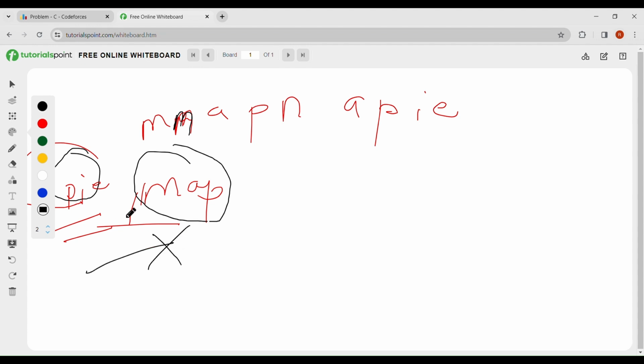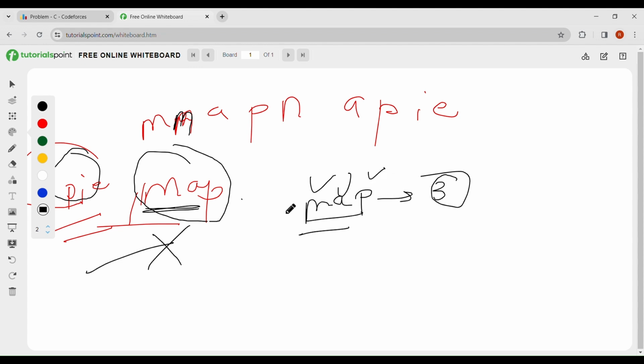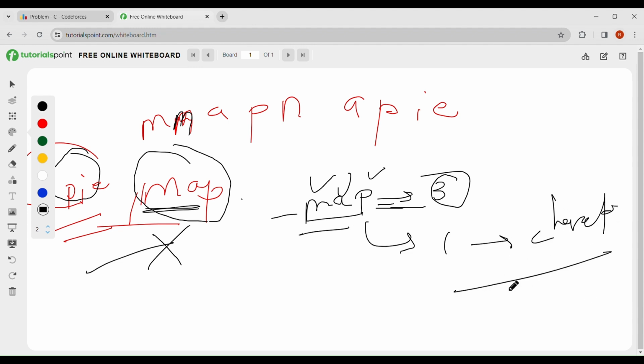So if you think about this question, if suppose there is map, there is no need to remove all the 3 characters. If you remove only a single character, taking the side condition into consideration also, then only one character needs to be removed from every occurrence of map and pi. Only one character you need to remove.